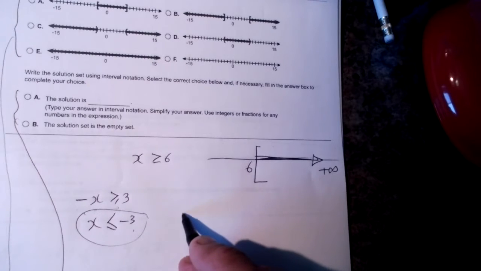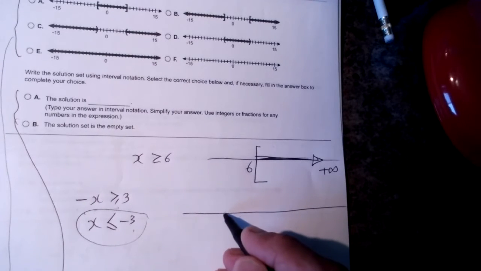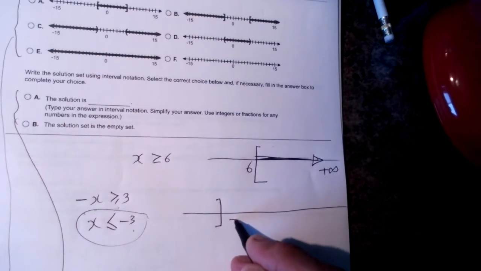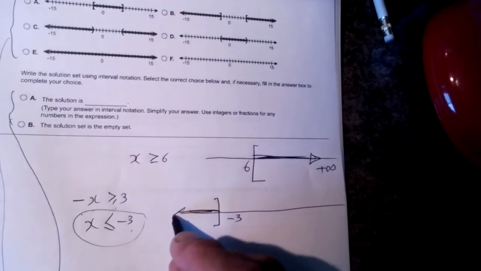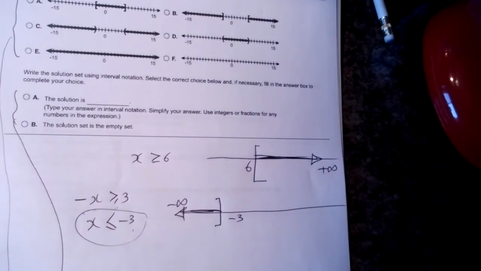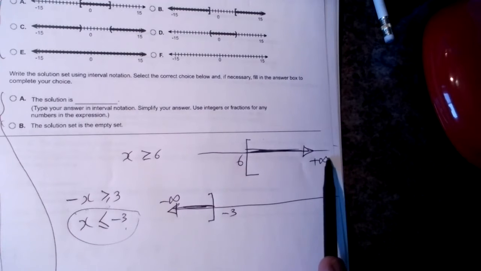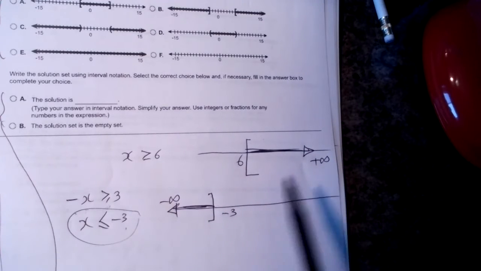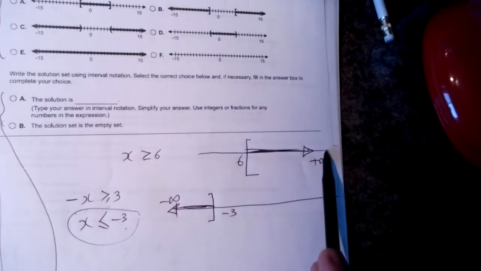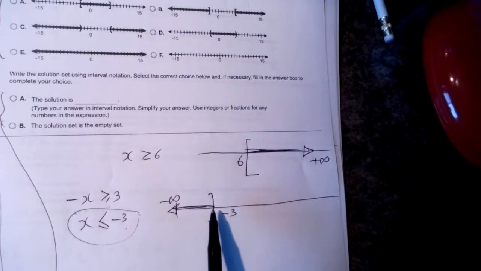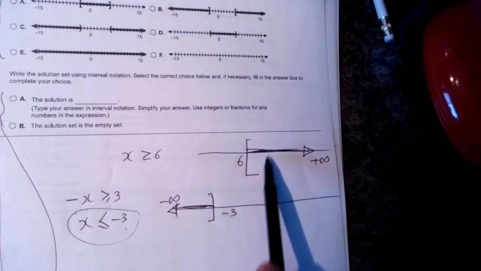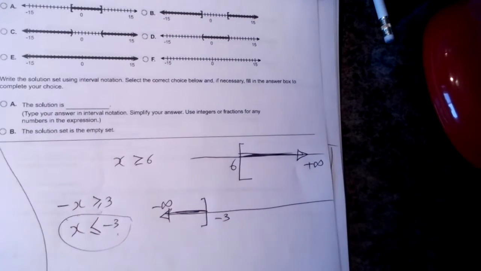So for that, let's say this is -3, x is less than that. So the union is you have 6 to infinity and -3. If you're looking for all the numbers greater than 6, they are here, and numbers less than -3 are here. The union means you have both sections.